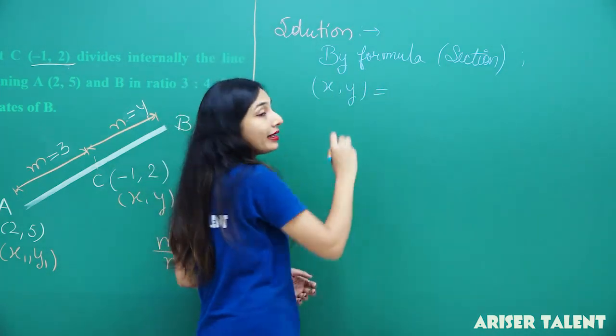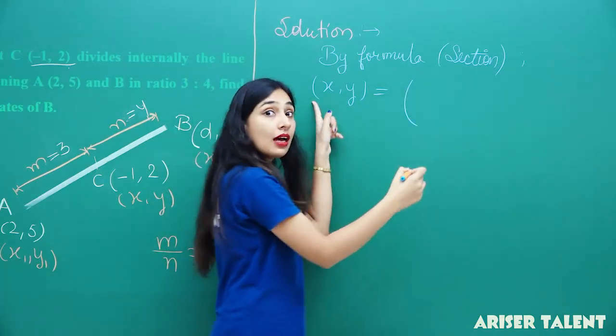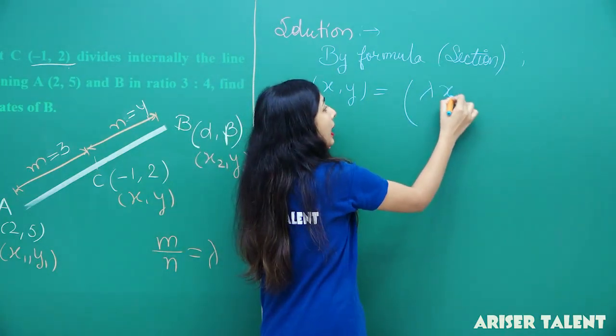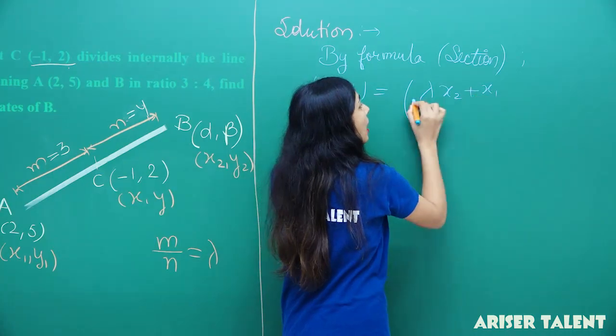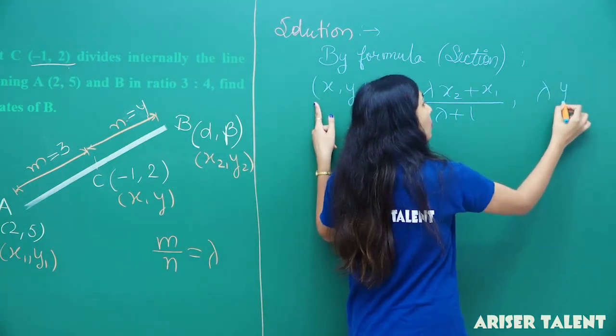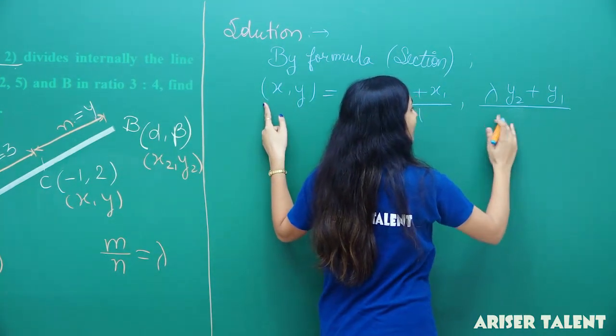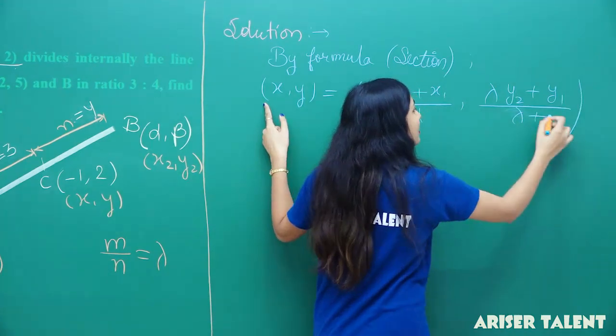The value of x and y is equal to the abscissa: lambda x2 plus x1 by lambda plus 1, and here lambda y2 plus y1, not by 2, that is lambda plus 1, right?